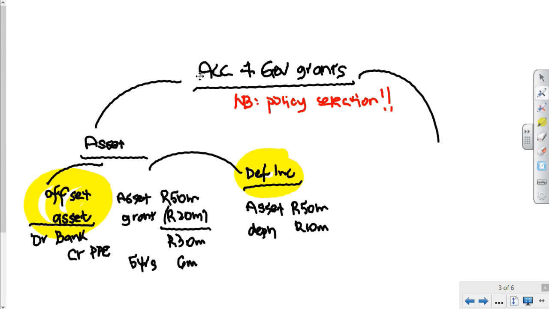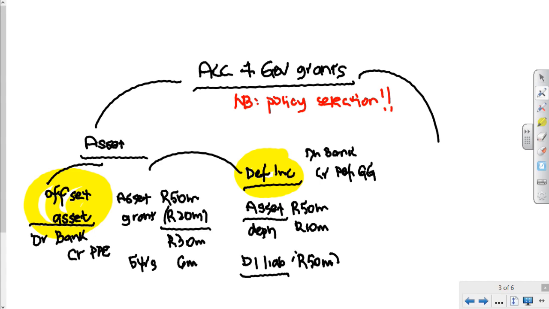And at the same time, I will also have a deferred income liability. When I receive that money, the entry will be debit bank, credit deferred government grant. So when I receive the money, I debit bank and I credit deferred government grant, a liability. Income received in advance. And then this liability will also be recognized over the life of the asset, because that's what we said, isn't it, in the beginning?